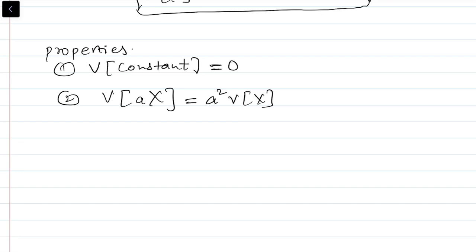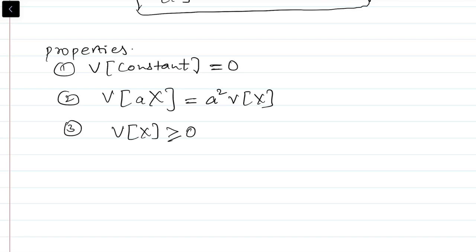The third property is that variance is always positive, it will never be negative. These three are the major properties. And again, whenever there is a long expression, we can separate the terms like the expectation, and if there is a constant, we can bring it outside of the variance with a square on its power.